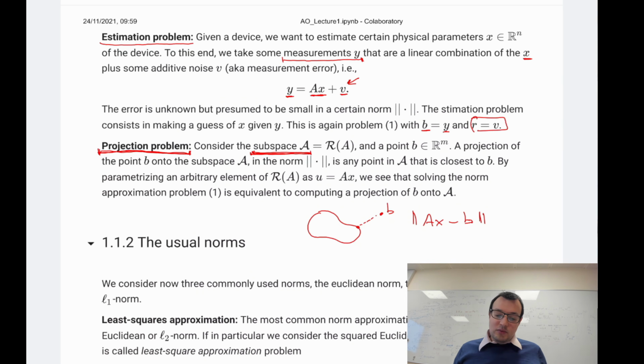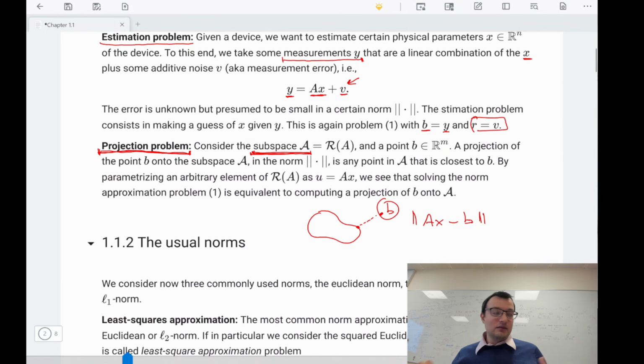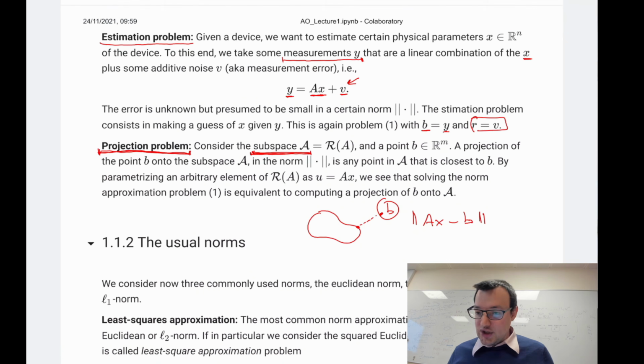This is a problem in which, for instance, given a certain desired objective b, which can be, for instance, a certain specification in an industrial plant to produce a certain product, it's possible that those specifications cannot actually be achieved. So what we want is the closest achievable specification.